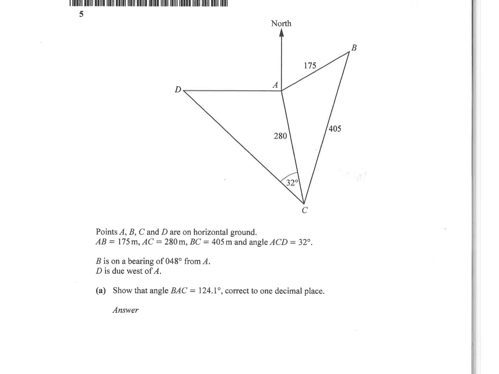Okay, A, B, C, D on the flat ground. B is on a bearing of 48 degrees. Bearing always starts from North and it is from A. So my North is at A. And then they say turn until you see B. So this is 48.